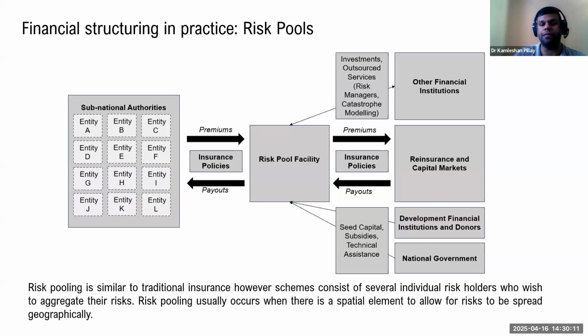So things like catastrophe bonds, catastrophe swaps, for example, that are used to address higher risk layers, meaning that if you have certain disasters that have very high financial consequences, but happen less frequently, you would finance that typically through a catastrophe bond rather than reinsurance.